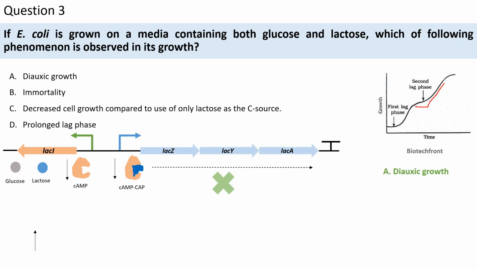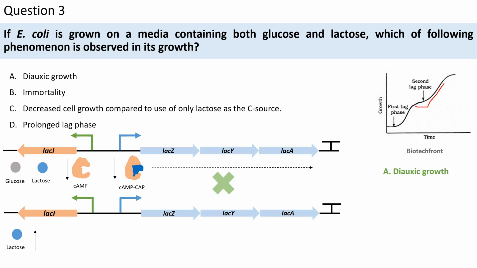Whereas when the lactose concentration is high in the media and there is no glucose present, as I told you, there is an inverse relationship between glucose and cAMP. Since glucose is not present at all, the cAMP concentration will be very high, so the cAMP-CAP complex will also be very high.